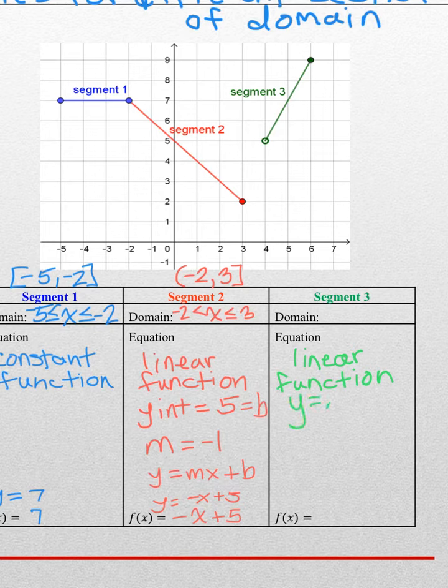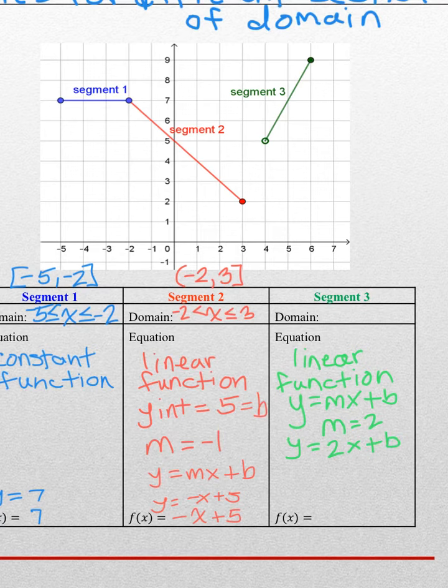Y equals mx plus b, and we know our slope is positive 2. We can read that right off the graph. We're rising 2 and running 1. So we've got a slope of 2. So I'm going to put that in here, 2x plus b, and I'm going to have to solve for b.